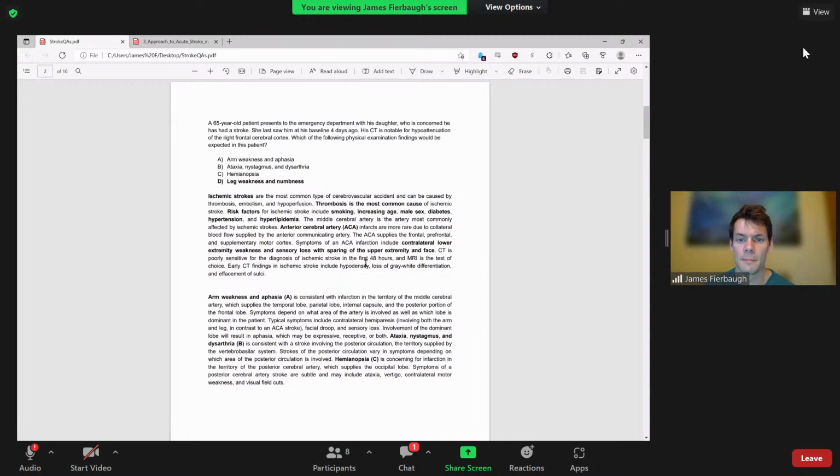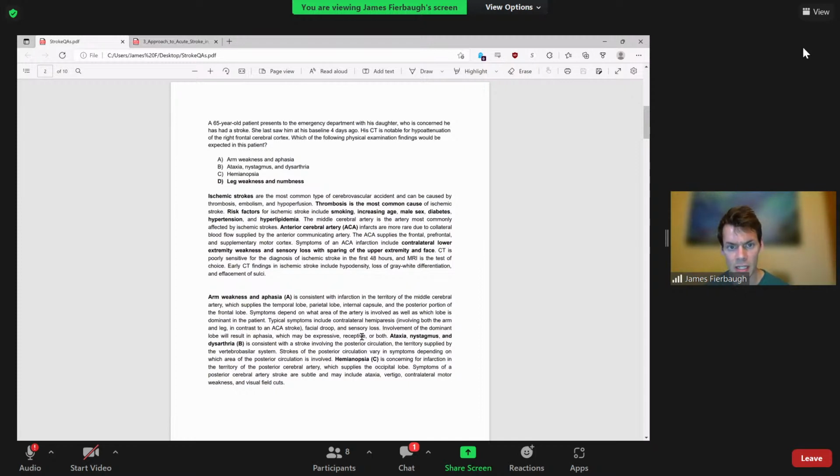The middle cerebral artery supplies the temporal lobe, parietal lobe, some of the internal capsule and the deep posterior aspect of the frontal lobe, so it would involve additional substantial findings.